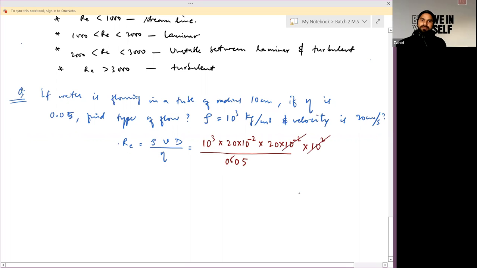This term and this term will cancel out. 5 and 4 times will be 20. And just simplify it. So 4 into 2, 80 into 10 to the power minus 2 plus 3. So it will be just 1. So it will be 800.